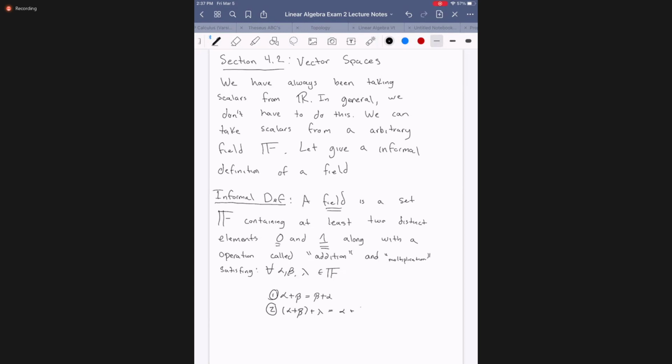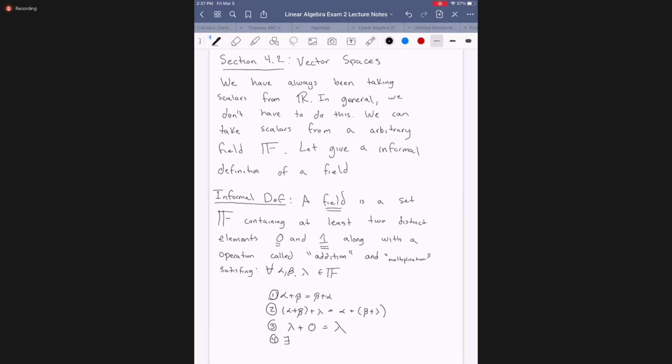Equals alpha. Lambda plus 0. So this thing that's called 0, again, it's not the 0 that you would think of as a normal 0, but this 0 under this operation gives me back the object.